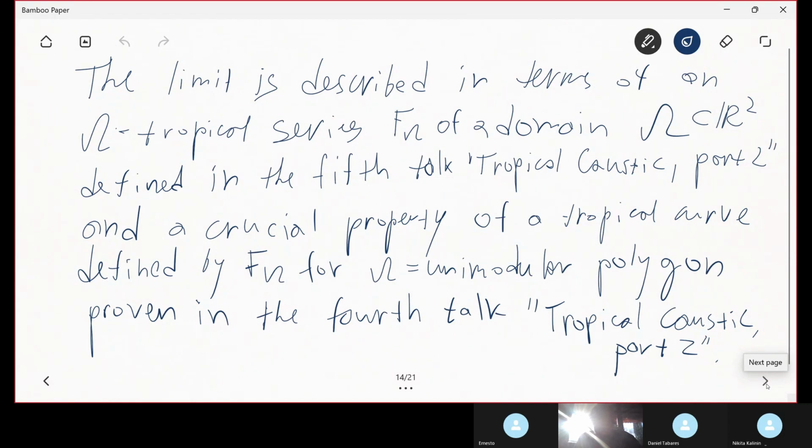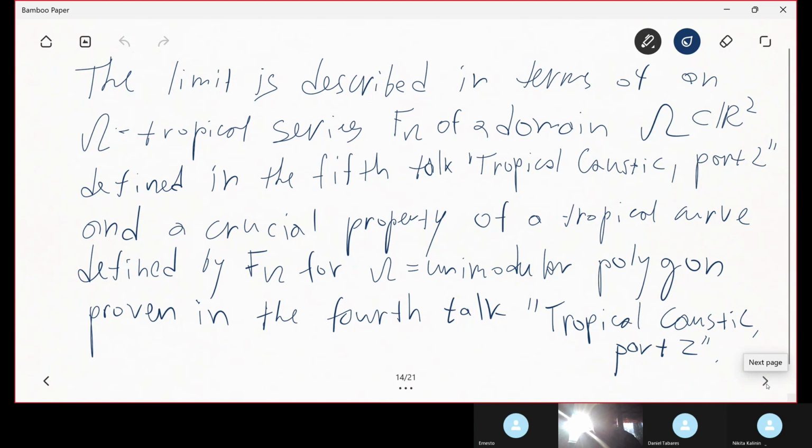I don't tell what it is. Well, I can tell it's quite simple. At the base, it's like a piecewise linear function, only with integer slopes, such that it vanishes at the boundary of your domain. So this is an omega-tropical series. Also, it's supposed to be non-negative and convex.